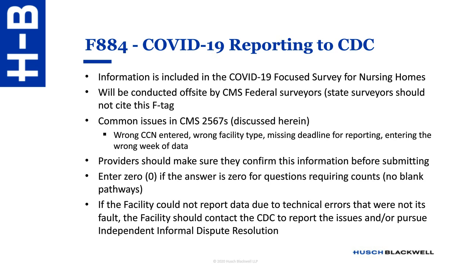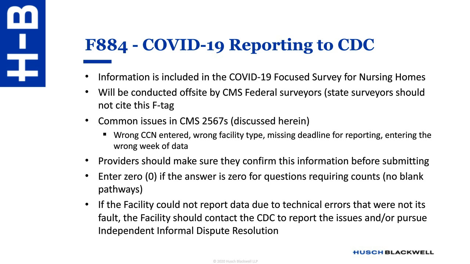CMS reports that there are some common issues that they've been seeing. This includes the facility not reporting the right CCN, not selecting the right facility type, missing the deadline for reporting, or reporting the wrong week of data when they submit the report.